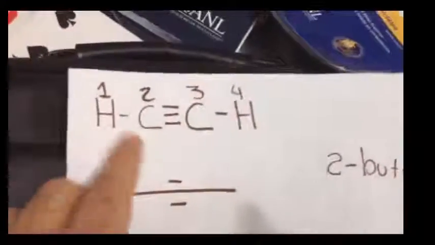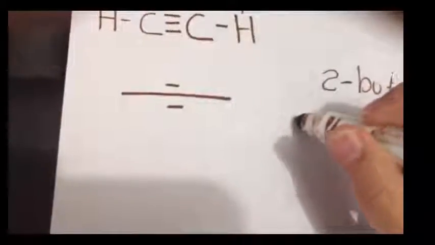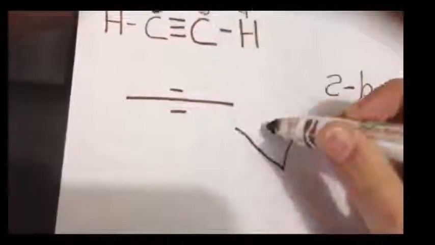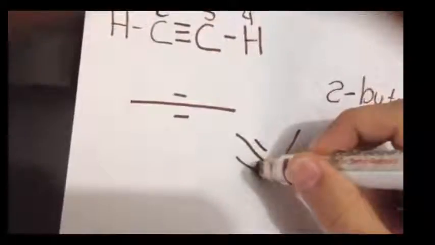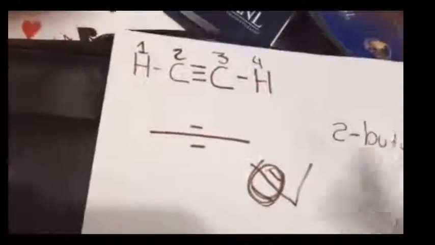Another important thing: some students make mistakes, for example, they do this, and this is wrong because the triple bond must be drawn in a horizontal way.